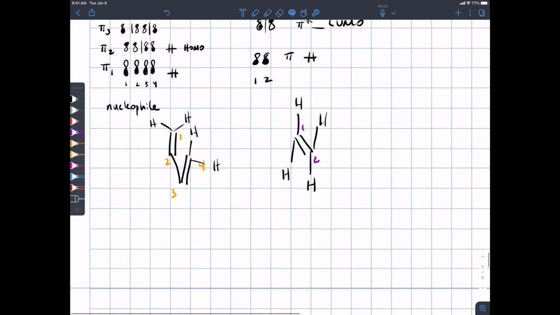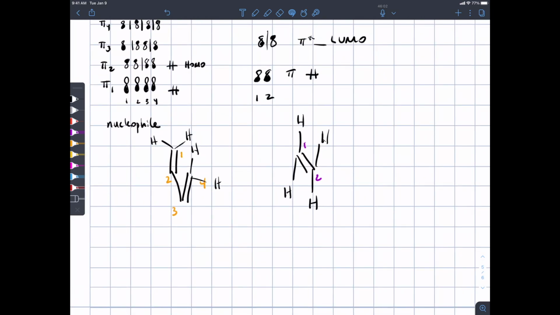Let's draw the HOMO of the nucleophile. And this is going to involve, again, the pi 2 orbital, which, if we draw it, let's use blue and red, is going to have a node in between carbons 2 and 3.